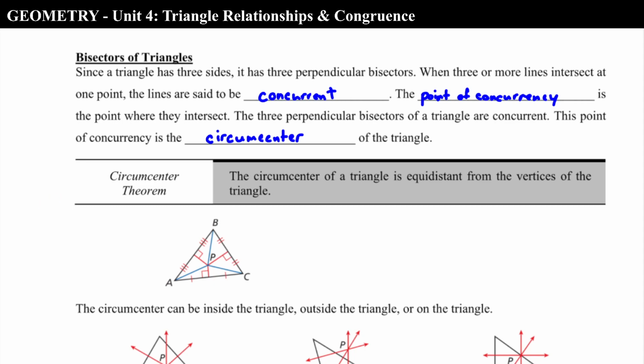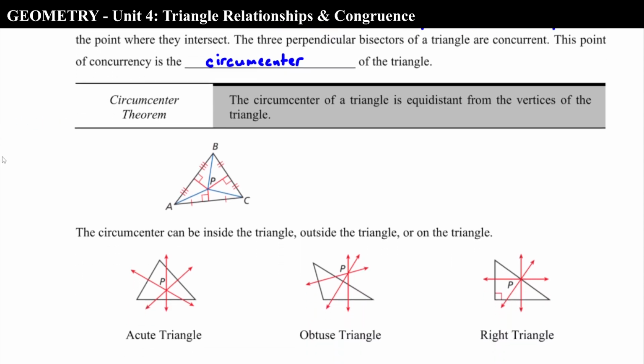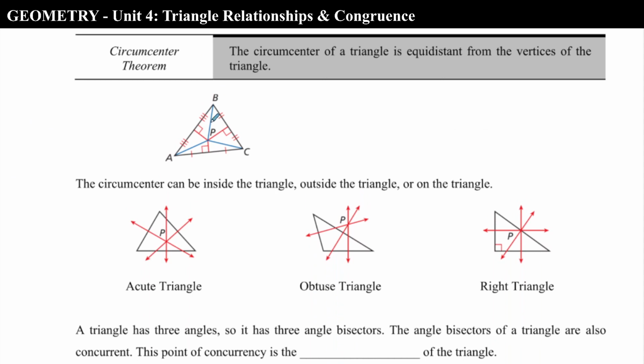So using that theorem, what we're doing here is drawing a perpendicular segment from each side, starting from the midpoint of each side. So we draw all of those and have them all meet. The point at which they meet is the circumcenter. And then we draw a line back to all the vertices.